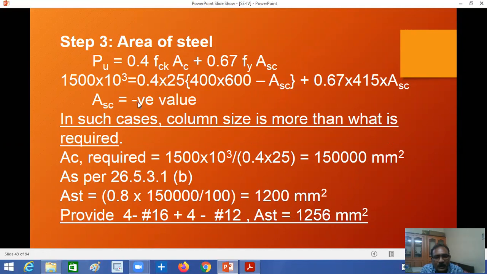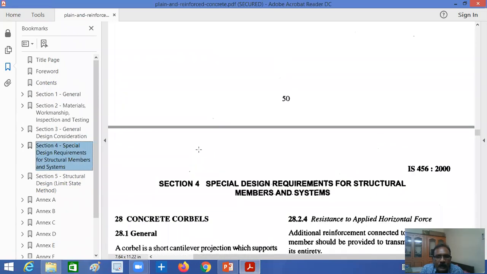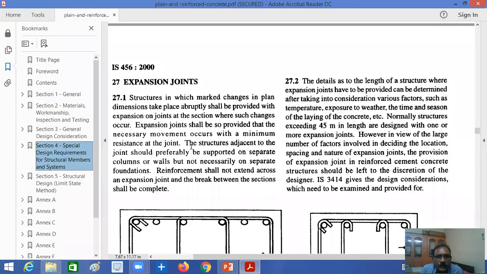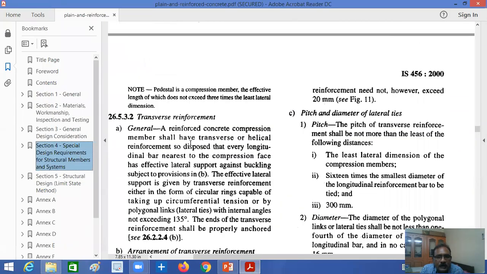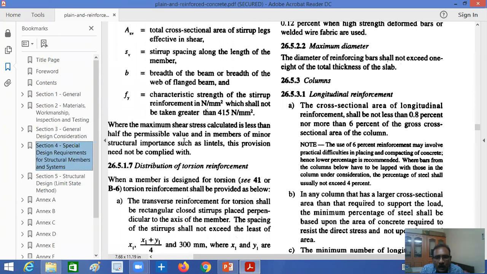So in that case, here as per clause 26.5.31, this is very important learning for this column.